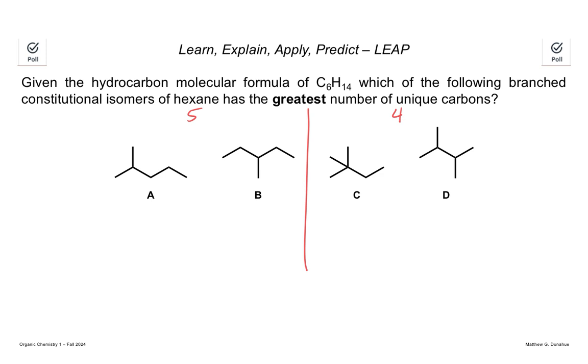So to repeat, there's only ever one linear constitutional isomer. When you get down to the lower carbon count, the branching ones, there can be more than one. So it says, which of the following constitutional isomers has the greatest number of unique carbons?